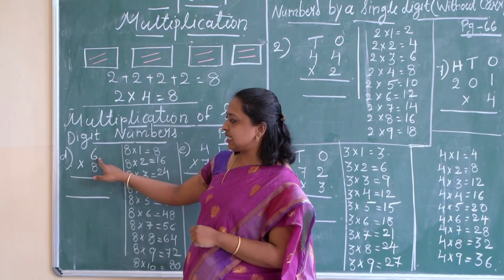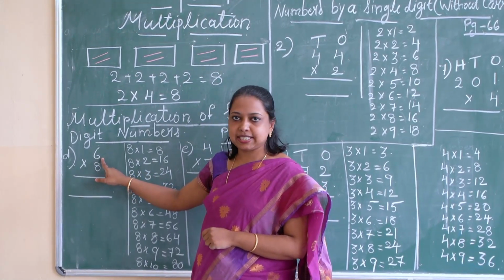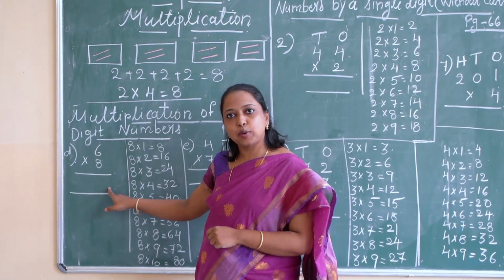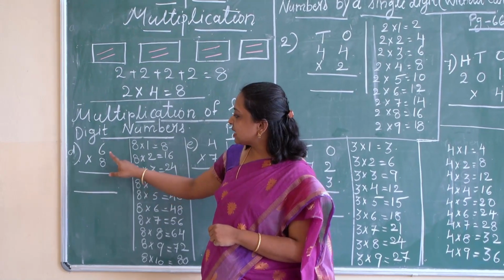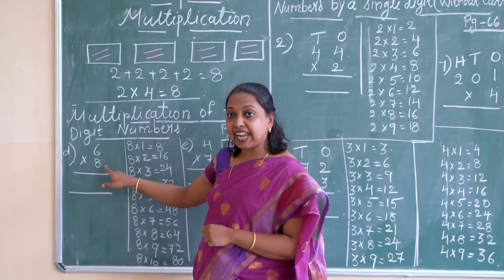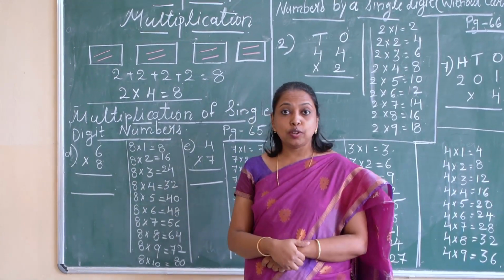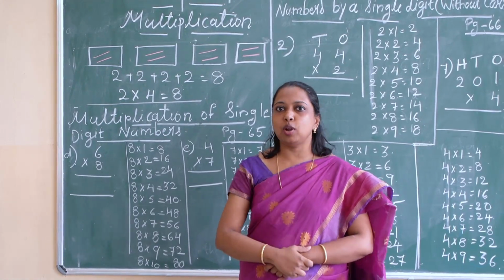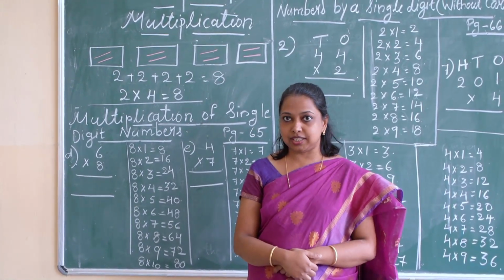And you know 6 is the multiplicand, 8 is the multiplier and the answer is the product. Here 6 multiplied by 8, so we can use the table of 8. Remember the table of 8. Learn the table by heart.